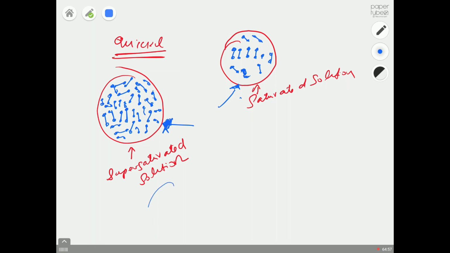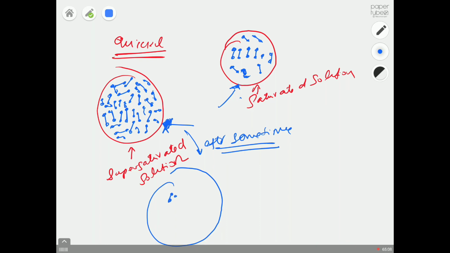After some time, these molecules come together. They will come together here and there, and they will come together in such an orderly fashion.